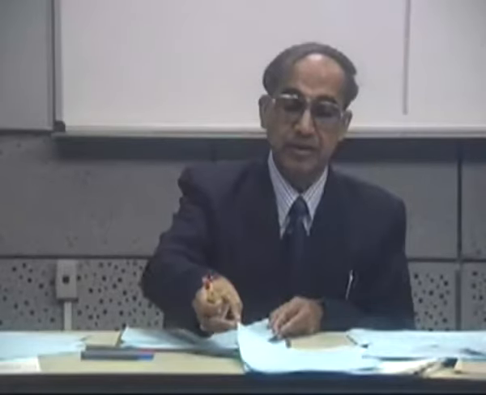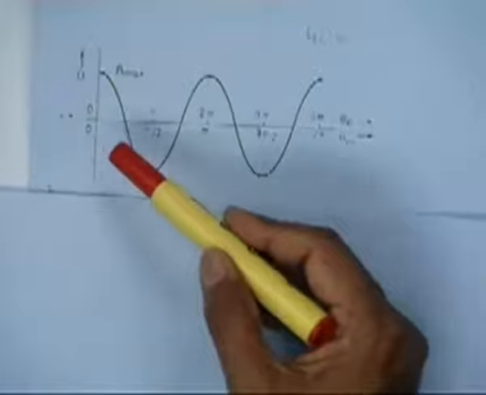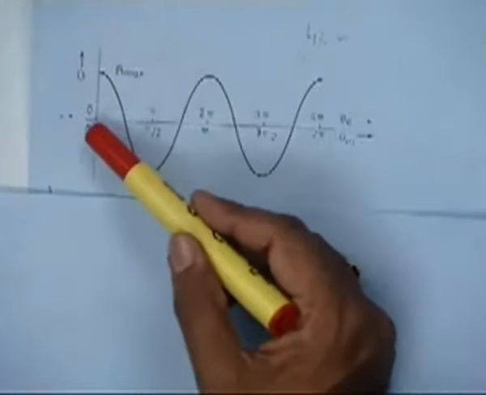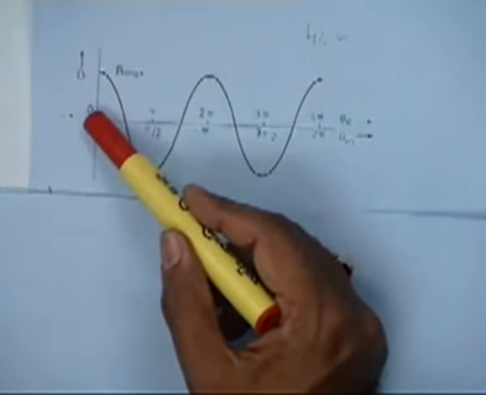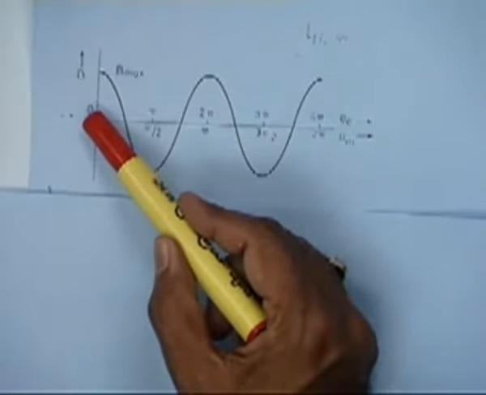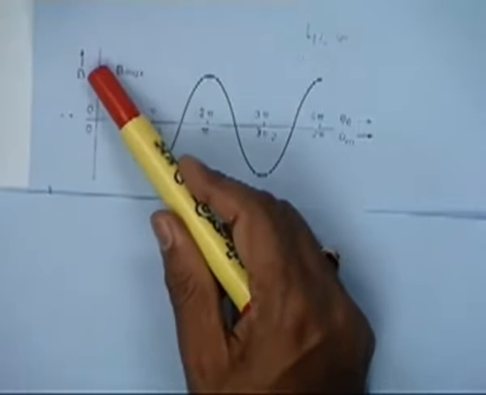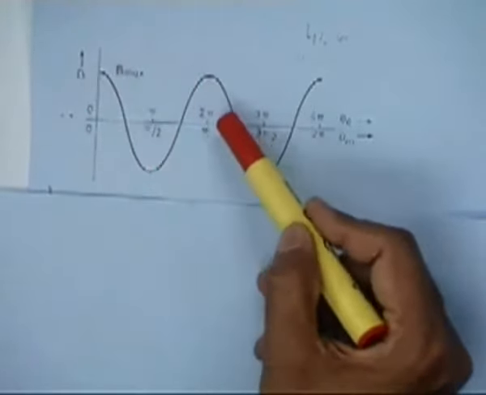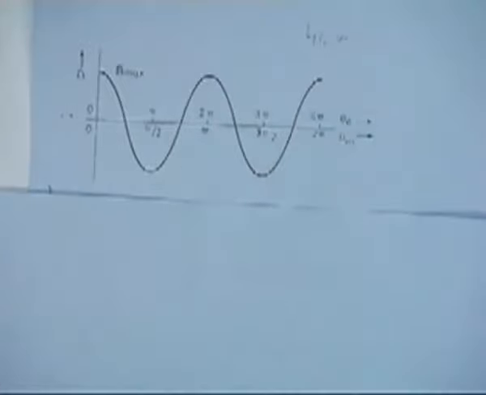This can be represented by the waveform shown here. This is the variation of B with reference to angular position, and at 0, when the rotor axis is aligned with the winding axis, it will have a maximum value, then it will continue to go sinusoidal like this.